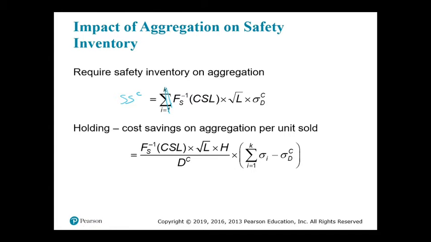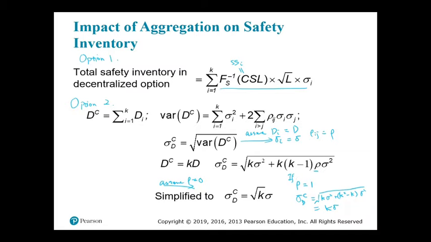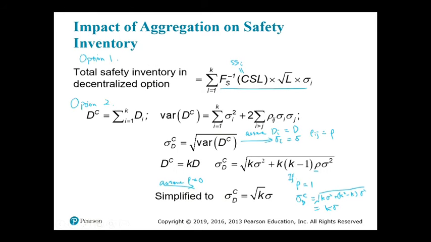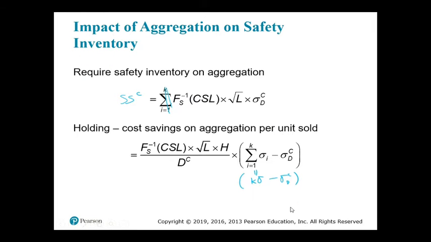Okay, so after assuming sigma I are the same, this term is K sigma, correct? So this is equal to K sigma minus sigma DC. Now, if rho is equal to 0, this is basically K sigma minus square root K sigma.